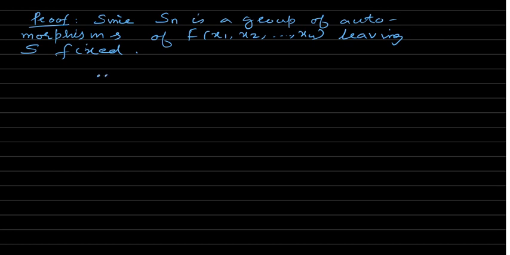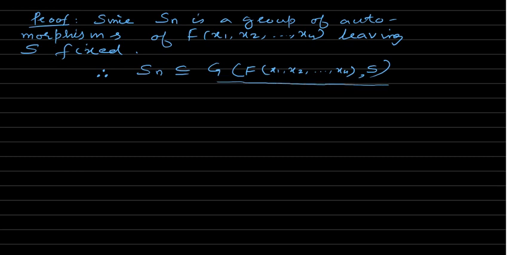So therefore we must have Sn is a subset of this group G of automorphisms of F(x1, x2, ..., xn) fixing S. तो इसका मतलब क्या है? इसका मतलब है कि वो सारी ऑटोमॉर्फिज्म जो S को फिक्स कर रही है और Sn में जो भी मेंबर है वो S को फिक्स कर रहा है. इसका मतलब है Sn इसका सबसेट है, because every member of Sn fixes every symmetric function. ये हमने कल के लेक्चर में डिस्कस किया था.